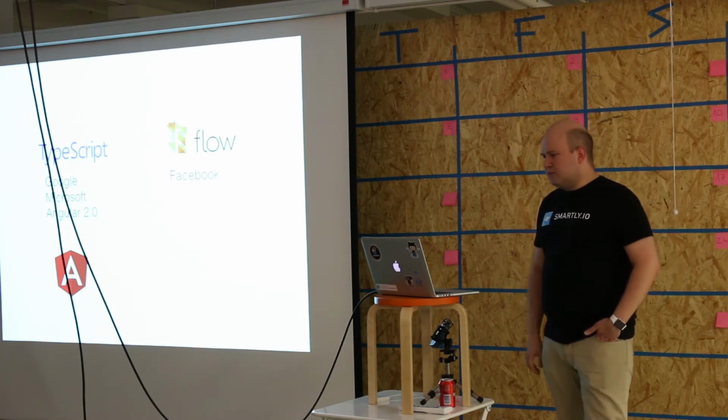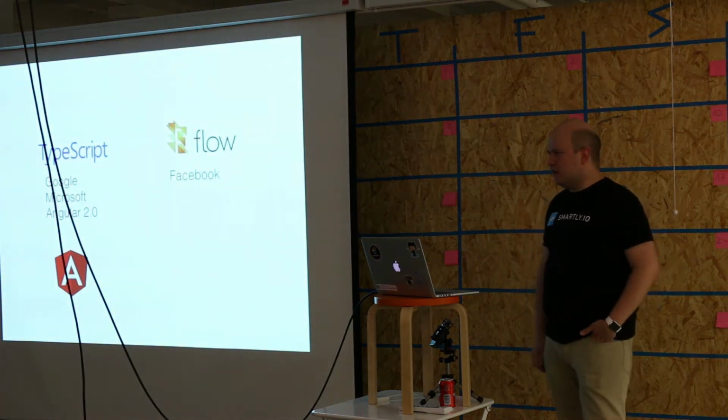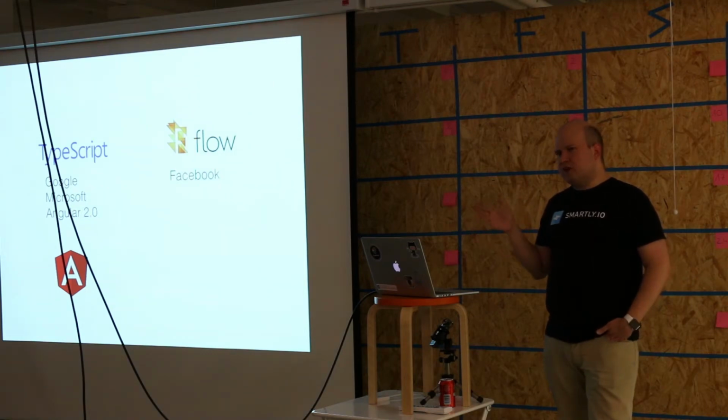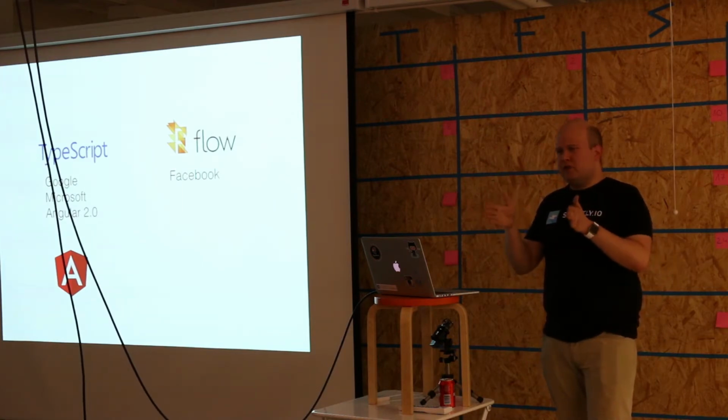Flow is a more recent project from Facebook, and similarly, it's not really a language that gets converted. It's not a full language, but rather a type checker that uses some information from your JavaScript files. And you can even write code using Flow with exact normal JavaScript semantics by commenting out the extra syntax.